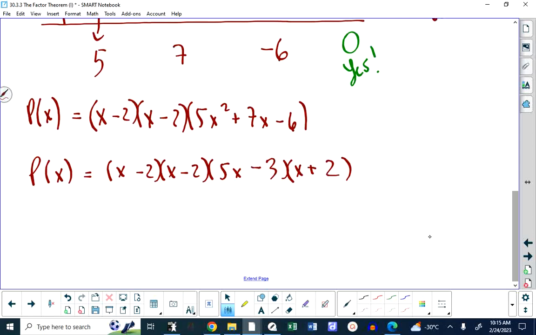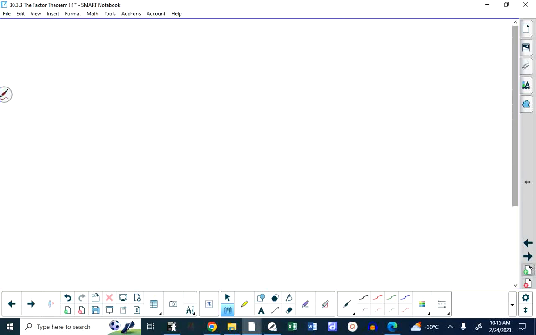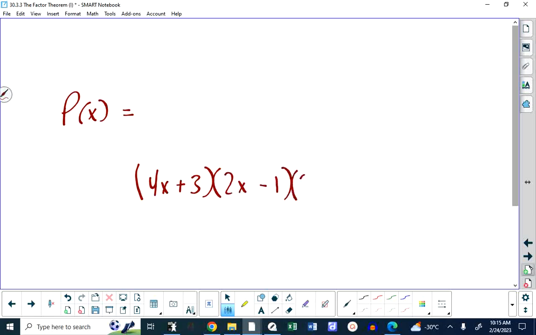Okay. What if you had a polynomial that you were asked to factor, and it turned out that in factored form it was this? Are you with me?